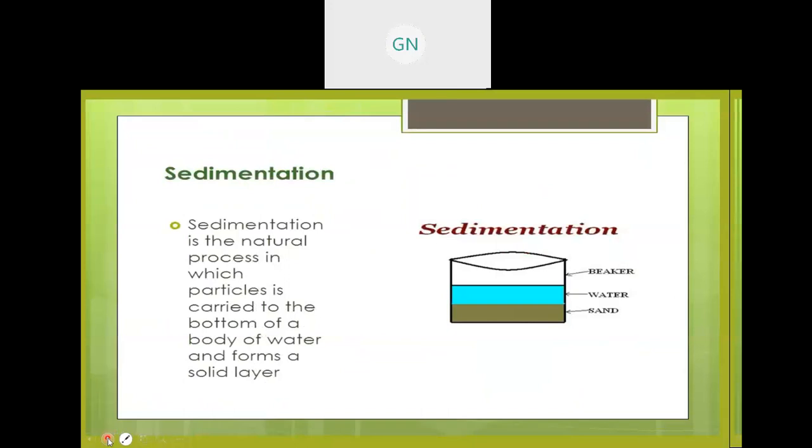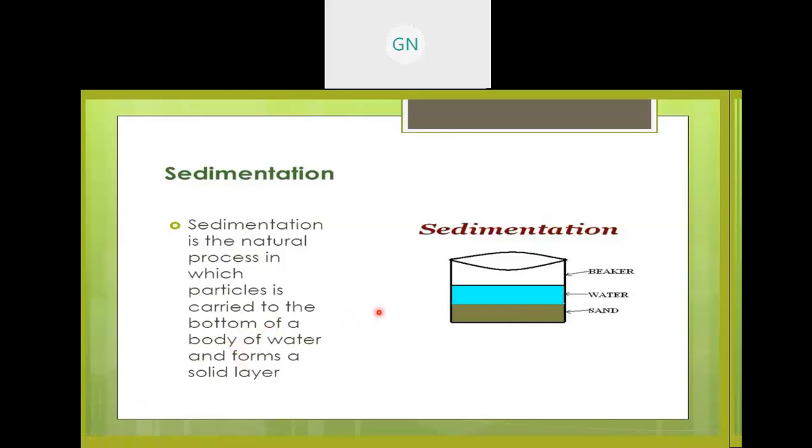Next we are going to see sedimentation. For solid in liquid, if it is a heterogeneous mixture, sedimentation, decantation and filtration are the methods to separate the components. What is sedimentation? Sedimentation is the natural process in which particles are carried to the bottom of a body of water and form a solid layer.